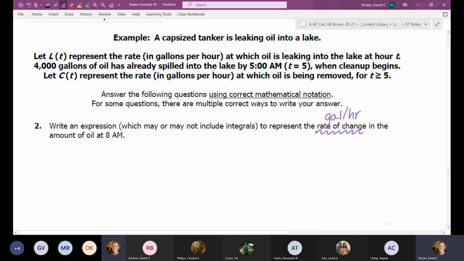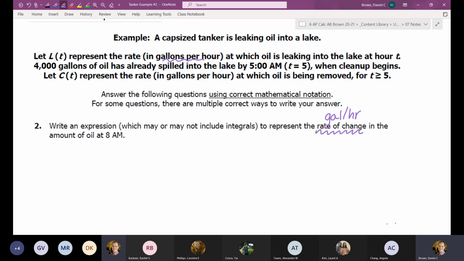But what is the question already written as? It's already written in the form of gallons per hour. So do I need to do anything like take the integral or take the derivative? No. And that's why I often look at the units. People so badly think, I'm in a calculus class, I need to take an integral or I need to take the derivative, but sometimes you can just use the function as written.